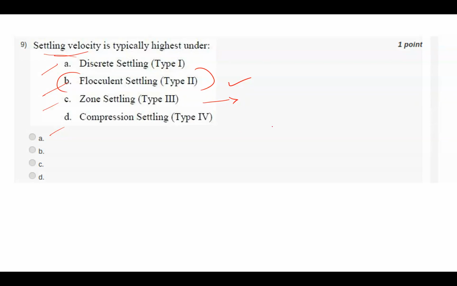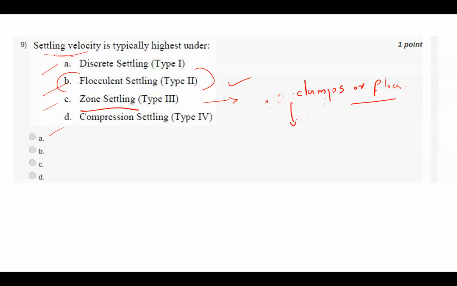So here in zone settling, the individual particles will form clumps, or flocs.